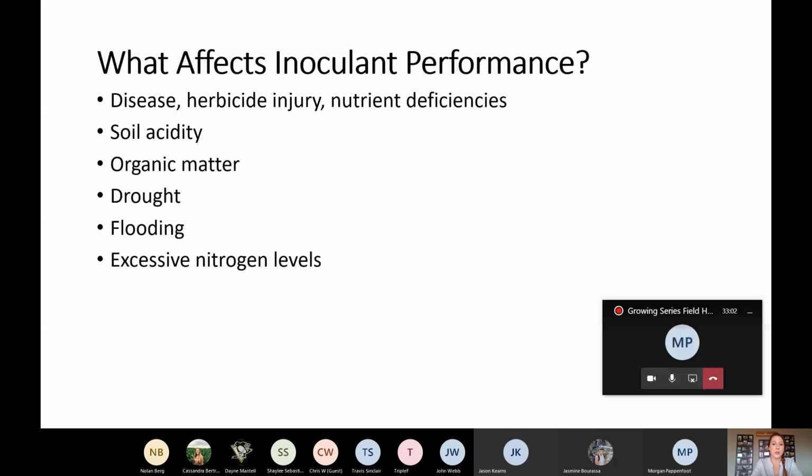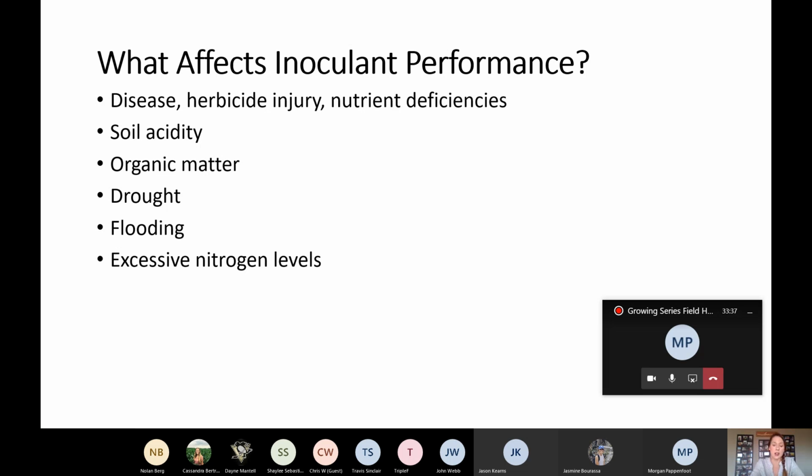If you have really acidic soils, it'll become toxic for them, because of the high aluminum or iron in acidic soils, so you're going to want to watch that. With higher organic matter, you're going to see better response from them. With dry conditions, depending on the strain of the inoculant, you might see a decline in their performance from drought, because they need water just like anything to survive. Same with flooding. Some of them don't perform well in anaerobic conditions, so you're going to want to watch any flooded areas.